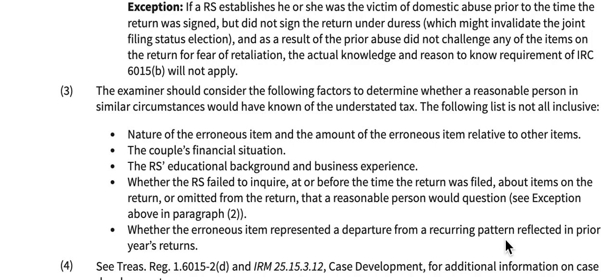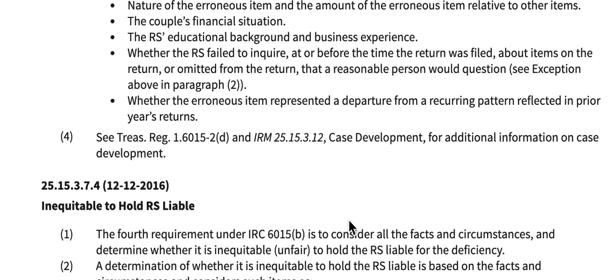So make sure that you're giving the examiner as much information as you can so they can come to the same conclusion. And the final item, whether or not this erroneous item is consistent with previous tax returns or if it was a departure. Those are all things that an examiner will consider.